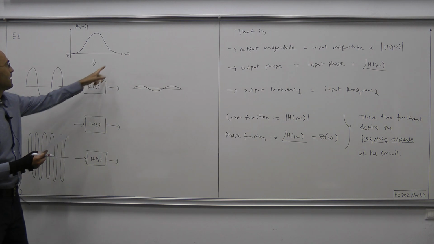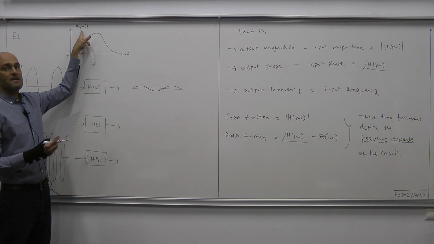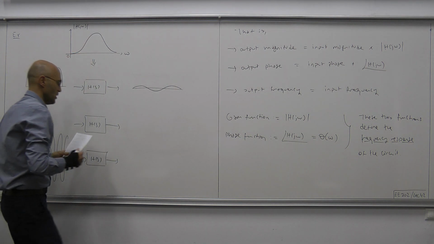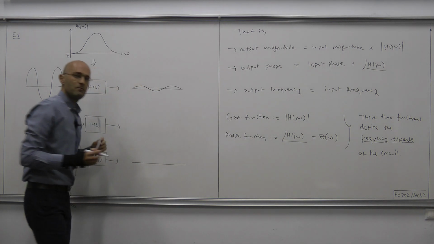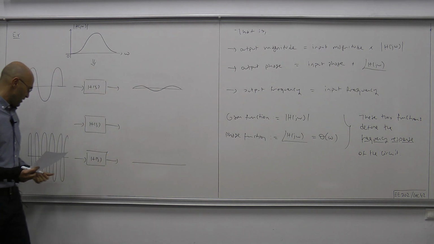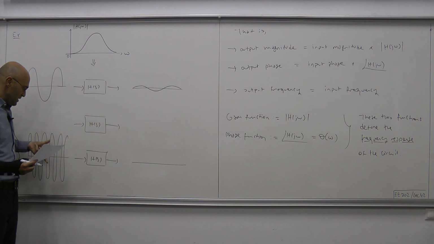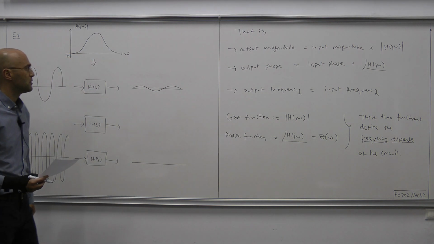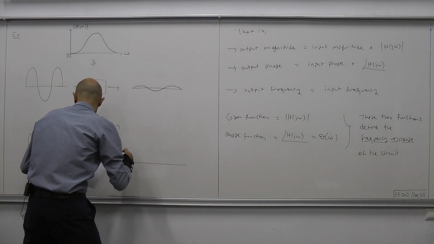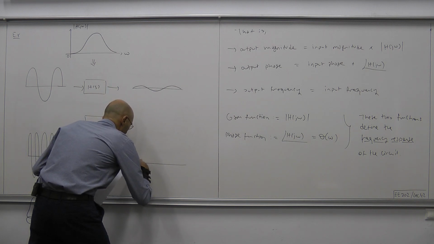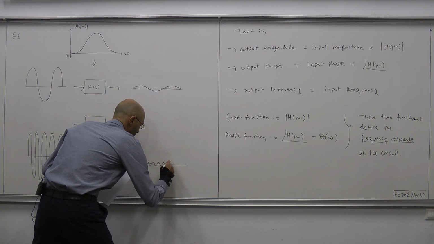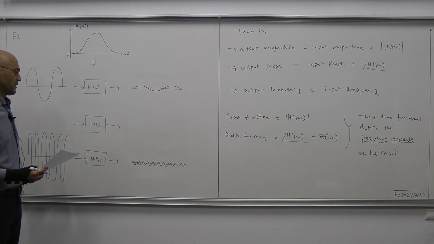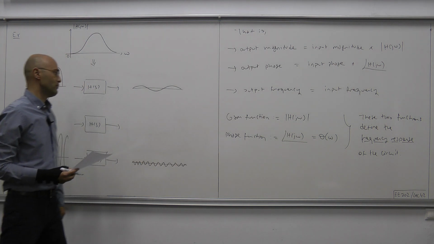Again for those high frequencies the gain function takes very small values, so at the output we're going to see something with the same frequency as the input, but the magnitude of the output will be significantly smaller compared to the magnitude of the input. So here we're going to see something like this, a sinusoidal with very little amplitude.